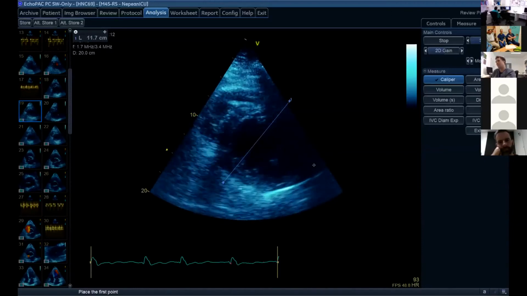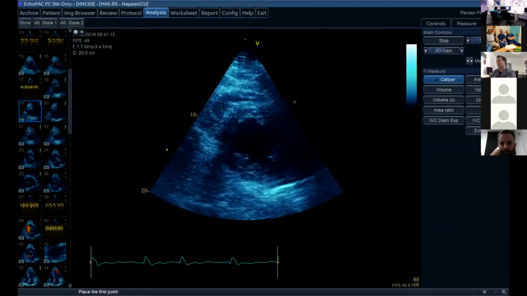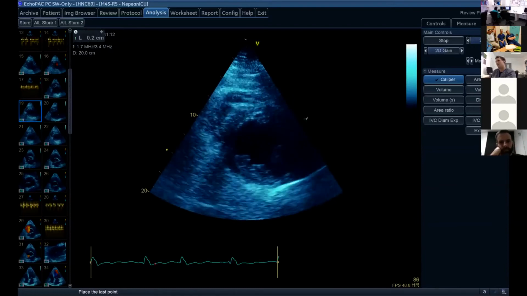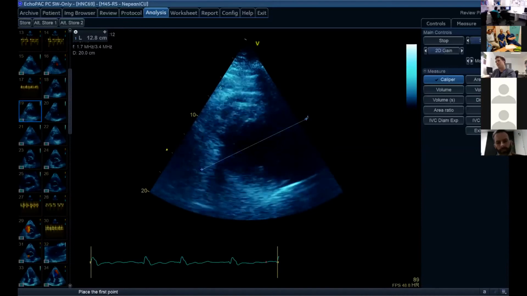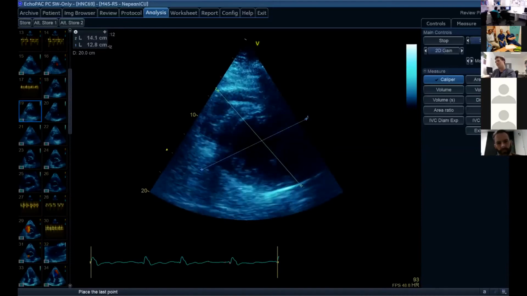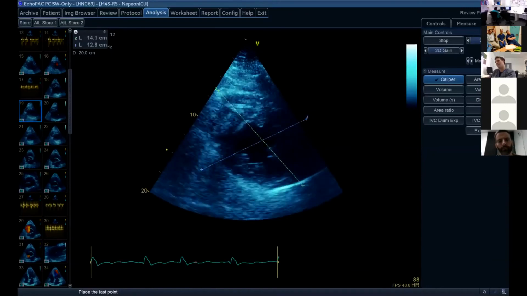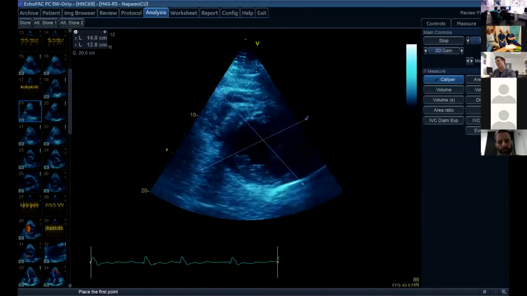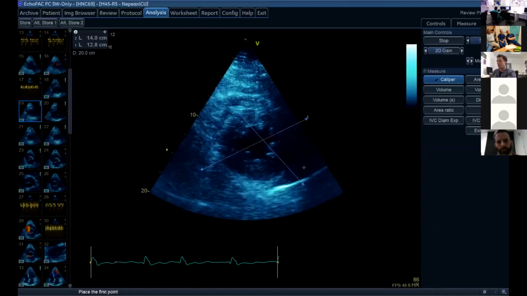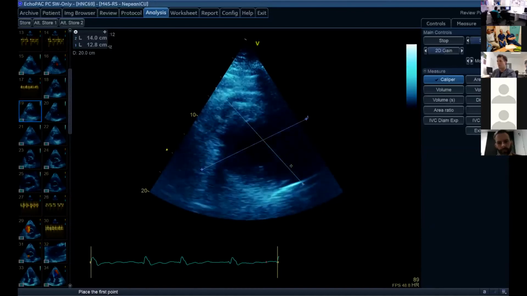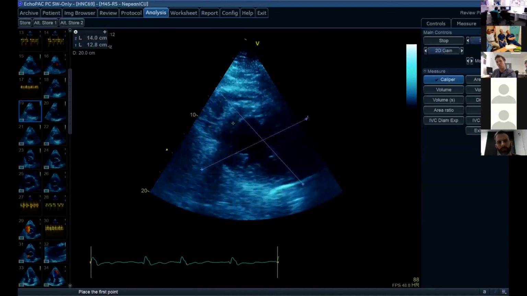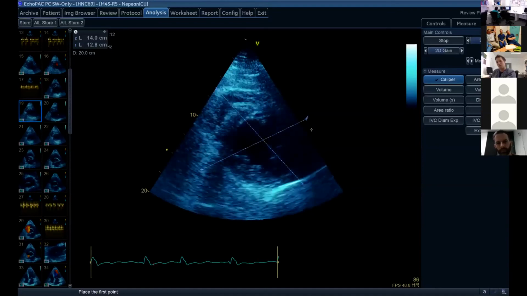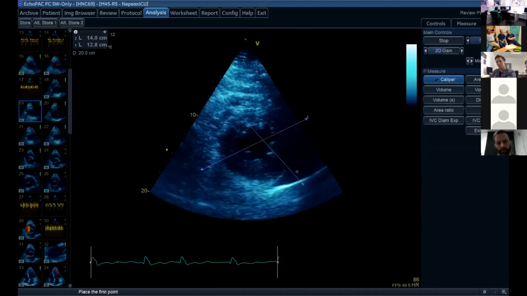Let me try this one last time. If I go like that for my two-chamber view, my four-chamber view would look something like that. Because I moved 60 degrees from my two-chamber over to my four-chamber, my four-chamber view must be my anterolateral and inferoseptal wall.